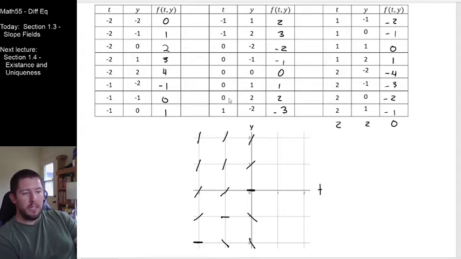So at the point t equals 0, y equals 2, that's at this location right here, and I drew a small piece of line with slope 2 as we computed. Cruising along here, I've got this very steep -3, and then a -2, and then a -1, and then a slope of 0, and then a slope of +1.